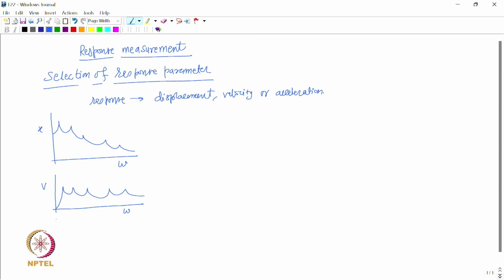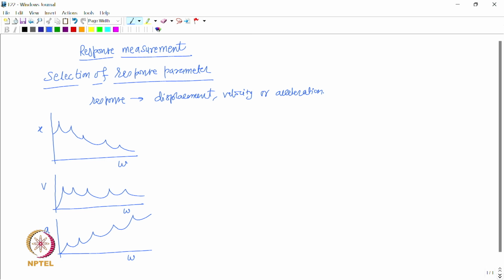And then if we look at the acceleration, let us represent it by A as a function of omega, then the acceleration would look something like this, right. So what we observe, let us look at the displacement first.